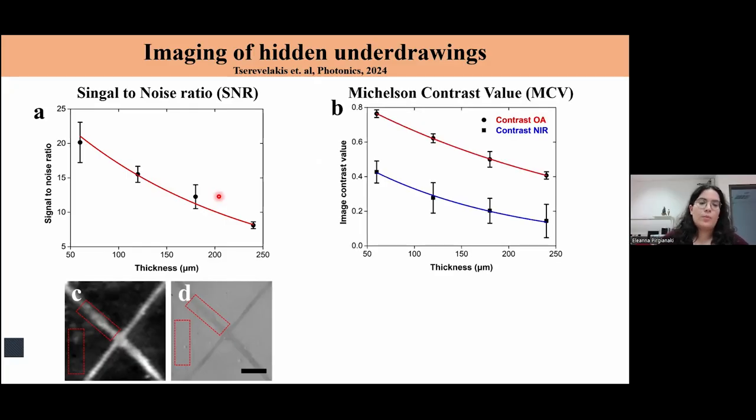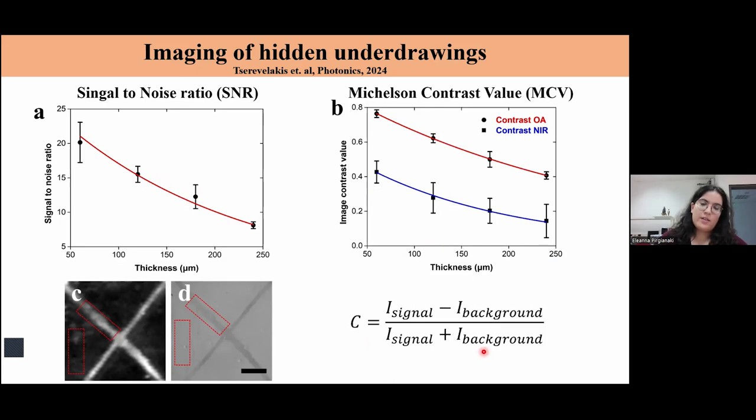Also, we wanted to compare the imaging contrast of those two techniques. For that purpose, we used the Michelson contrast value, where this is the formula, where intensity signal and intensity background correspond to the average pixel intensity value for the X, the drawing, and the background.